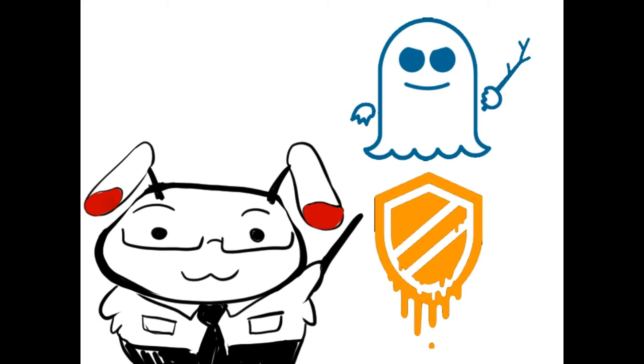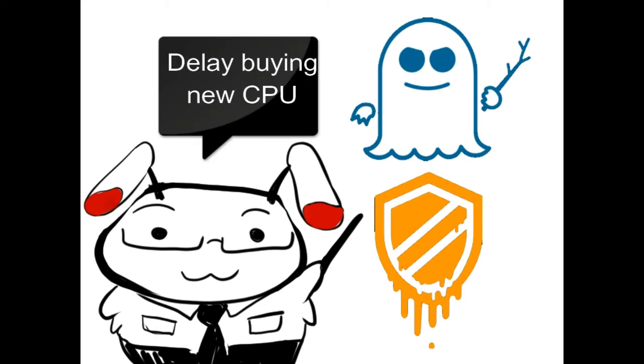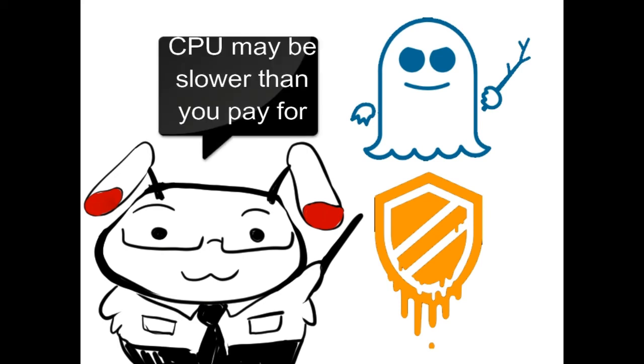And secondly, if you are planning to buy a new CPU or new products like smartphones or notebooks, you may want to delay your decision for a bit, because if the patch slows down the CPU, then you may not get the speed you hope to get when you buy that CPU, because the label hasn't changed, but the patch will slow down the CPU.